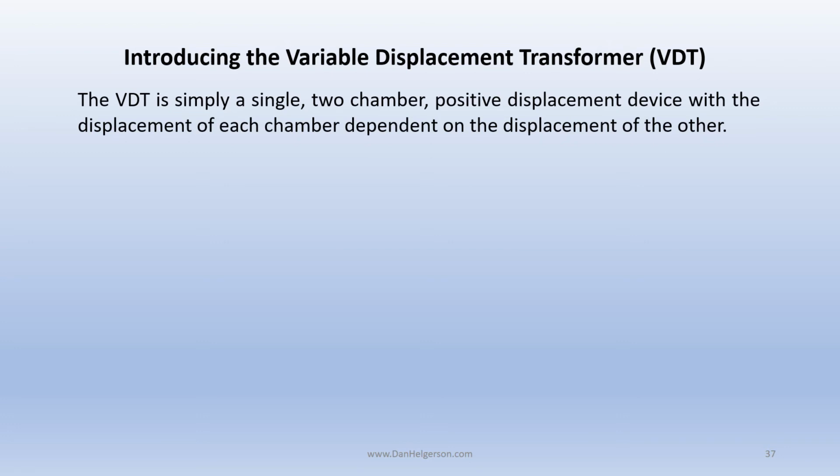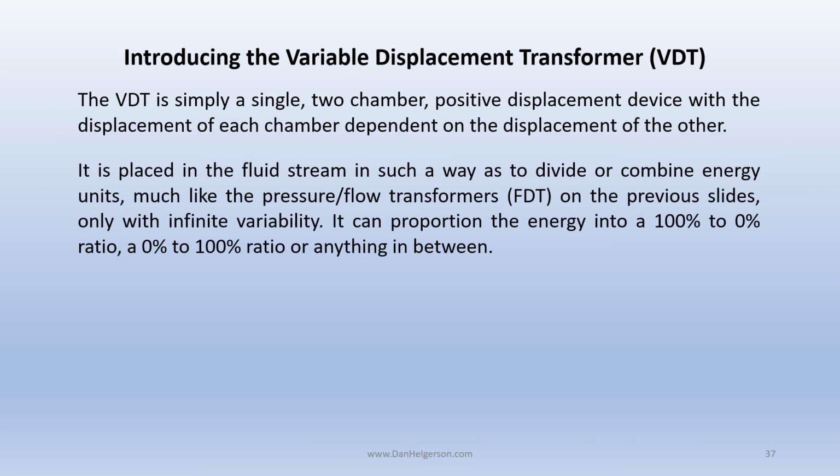The VDT is simply a single 2-chamber positive displacement device with the displacement of each chamber dependent on the displacement of the other. It is placed in the fluid stream in such a way as to divide or combine energy units, much like the pressure flow transformers on the previous slides, only with infinite variability.